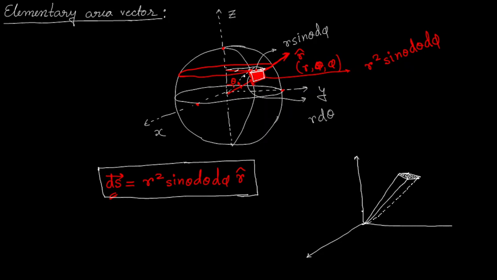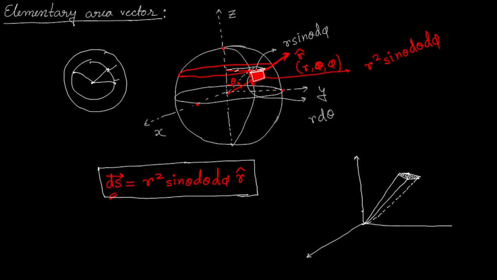If you go from any point on the surface to any other point, the distance from the center will always remain the same. But if you go from one sphere to another sphere, then this r will also change.